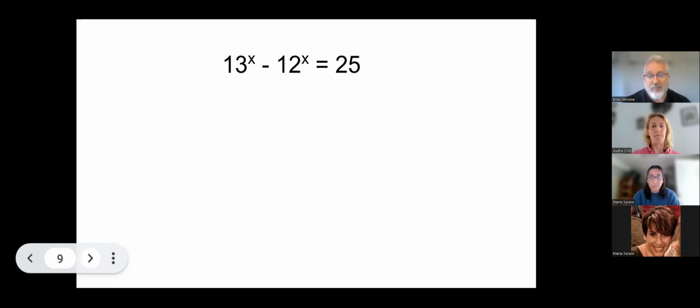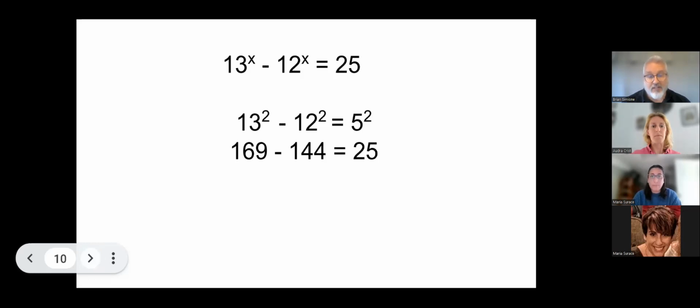The key with timed tests is that when a problem seems long, there's always a catch. In this problem, if we can manipulate the 25 slightly, we're able to recognize that this is a Pythagorean triple. The solution to this problem can actually be found in a matter of seconds.